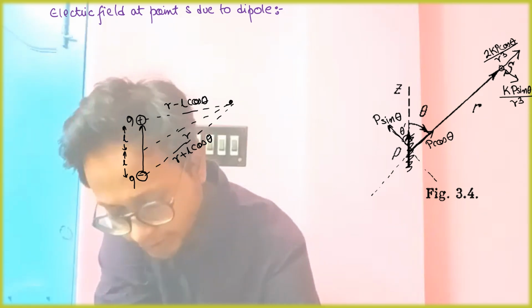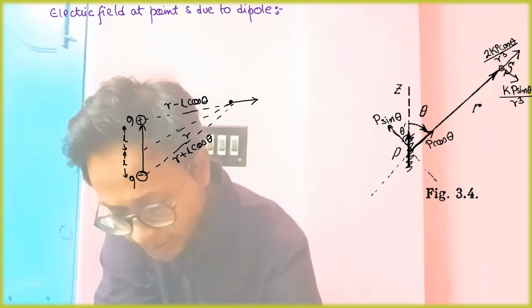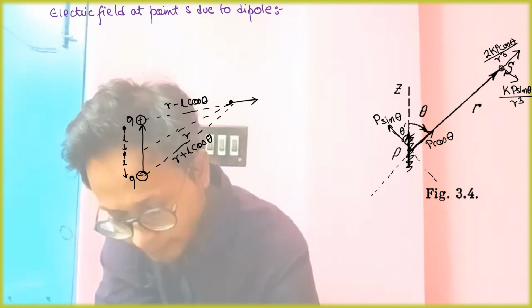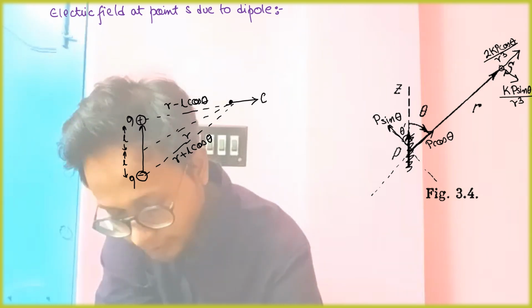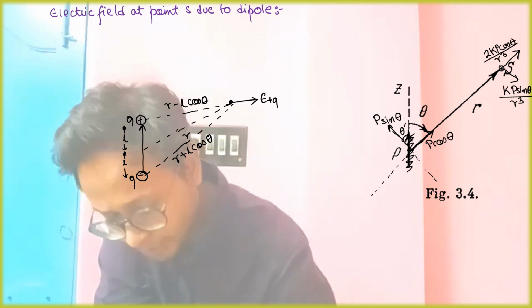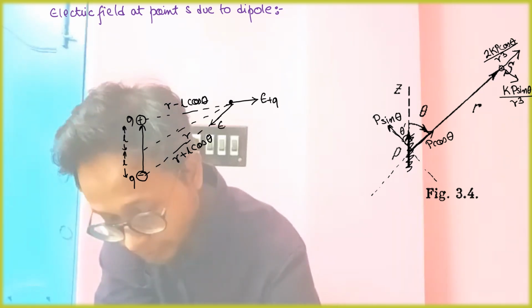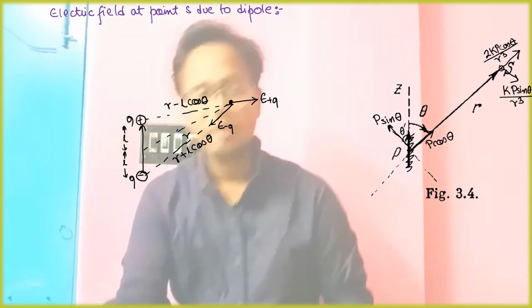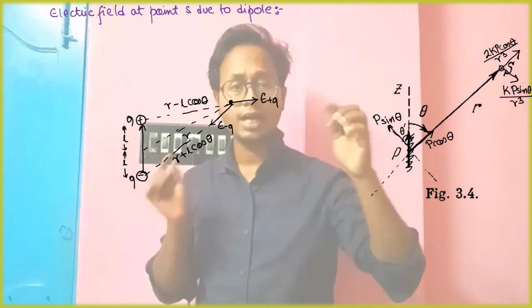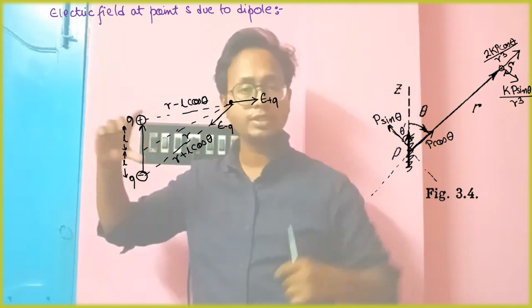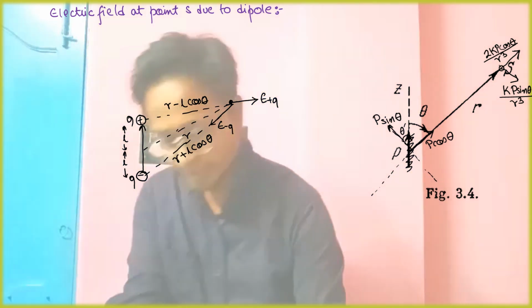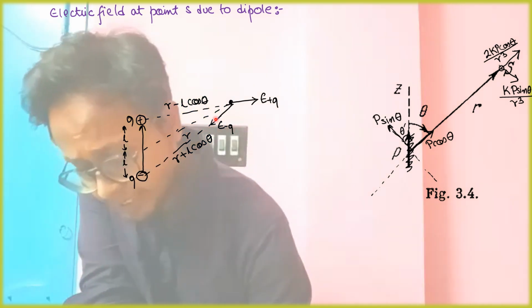Due to the positive charge, the electric field would be along this line, and due to the negative charge, the electric field will be along this line. One of the assumptions was that R is very large compared to the distance L. So this angle is tending to 0, no?